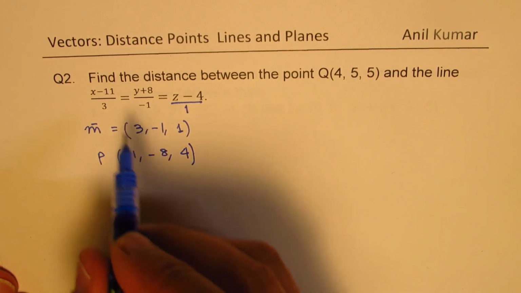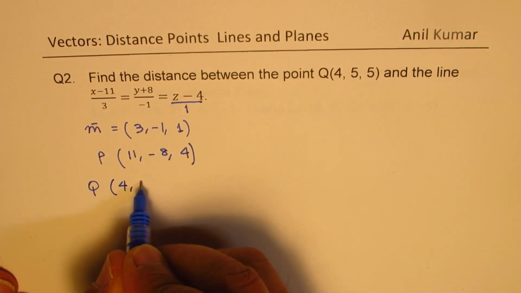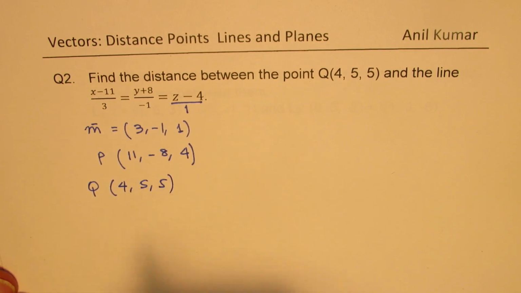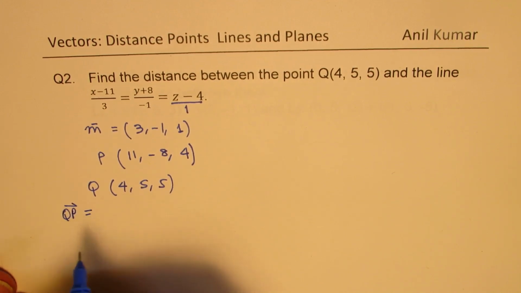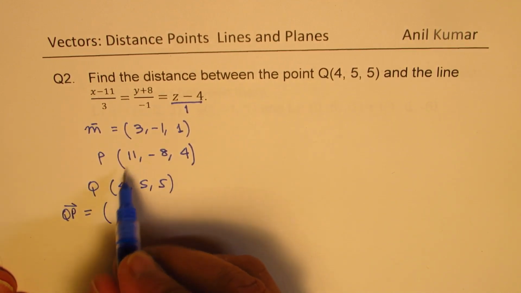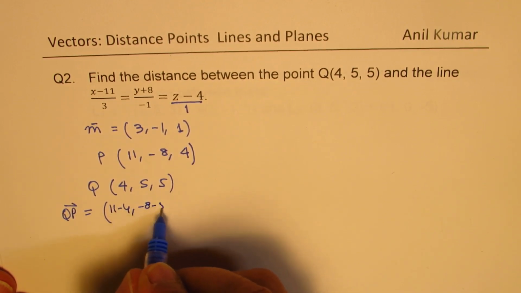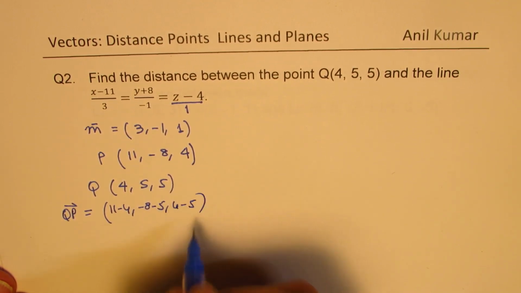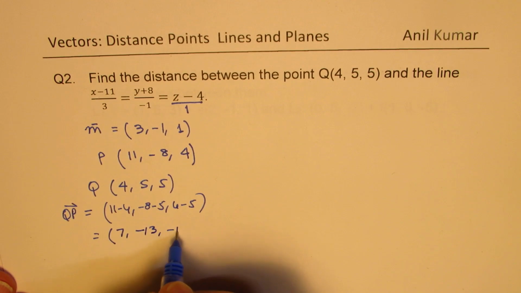This is point P, let us say. And we are given point Q, which is 4, 5, and 5, correct? So we have these 2 points. Let's find QP first. QP will be 11 minus 4, minus 8 minus 5, and 4 minus 5, correct? So QP will be 7, minus 13, and minus 1.